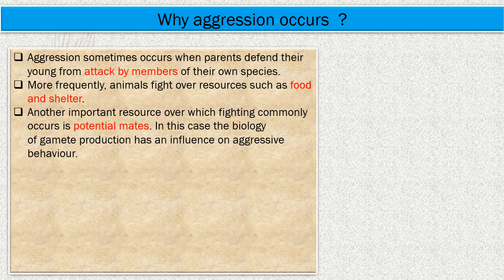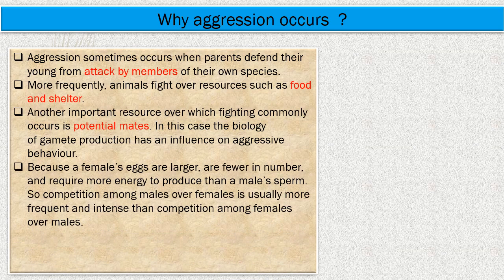In this case, the biology of gamete production has an influence on aggressive behavior, because a female's eggs are larger, are fewer in number, and require more energy to produce than a male's sperm. So, competition among males over females is usually more frequent and intense than competition among females over males.